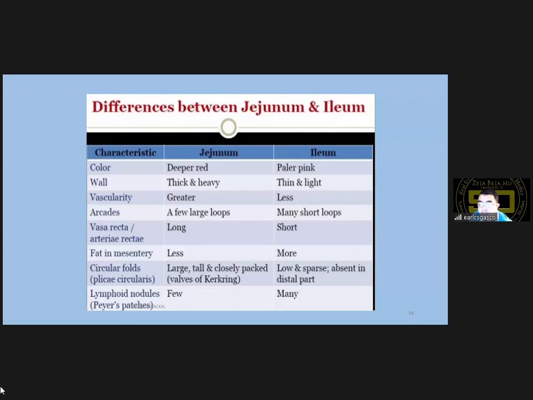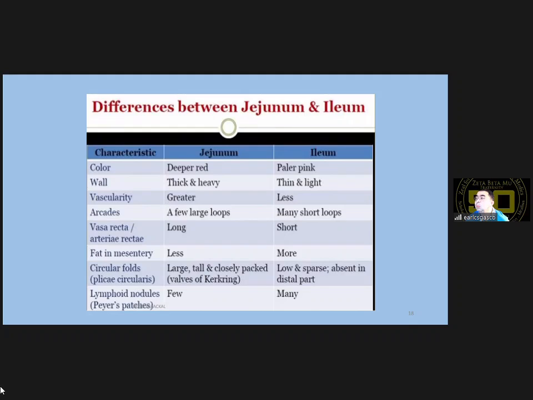And the circular folds, or plicae circulares, are closely packed in the jejunum compared to the ileum. So if you see in an X-ray or grossly that the bowel has more circular folds, it's actually the jejunum. However, the ileum has more lymphoid patches, or Peyer's patches, which are more abundant in the ileum.